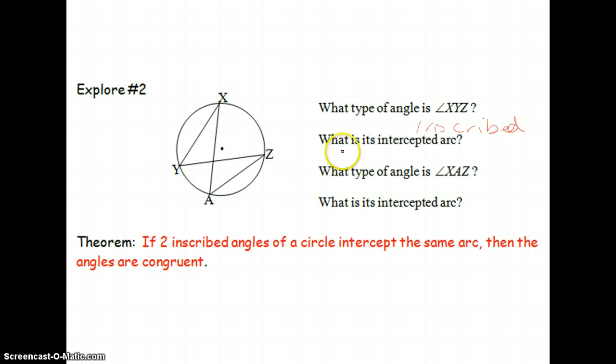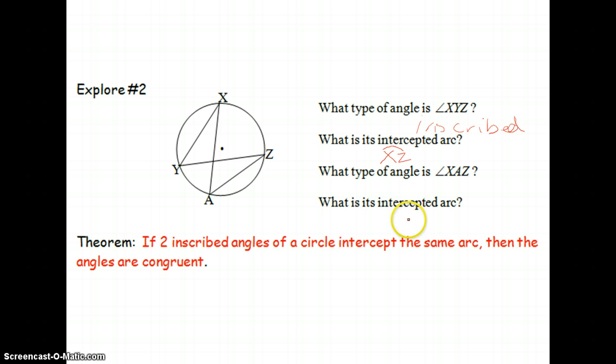If we look at the next question, what is its intercepted arc? So again, from X, Y, Z, we should see that the intercepted arc should be from X to Z. So arc XZ. Don't forget your notation here.